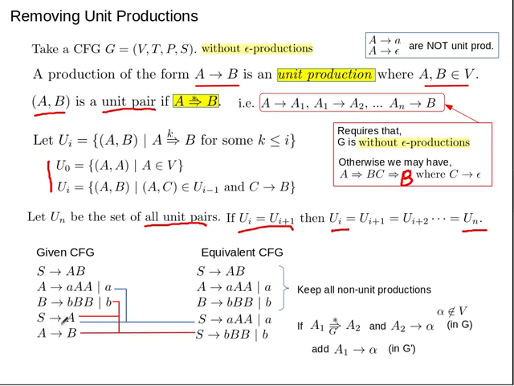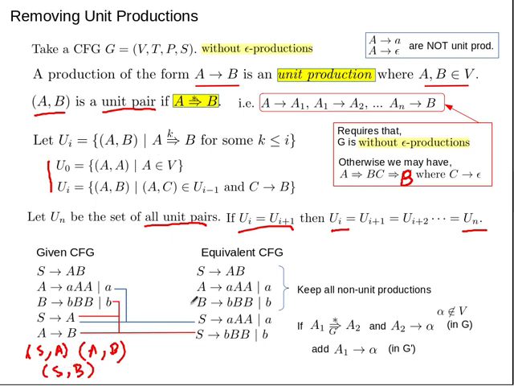SS, AA, BB, that is a unit pair anyway, and this is obviously true for all symbols, so I'm not counting those. Other than that, we have SA because of this, and we have AB because of this. But since we have SA and AB, that means S can go to A and A can go to B. So that means we also have SB. So this is also a unit pair, right?